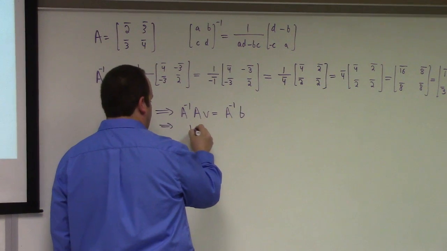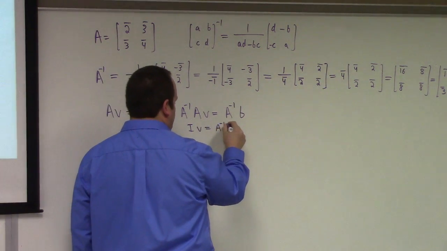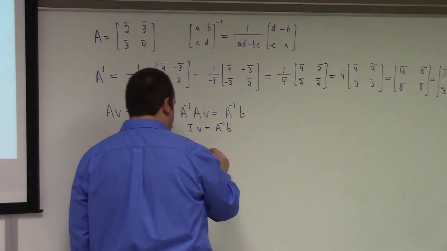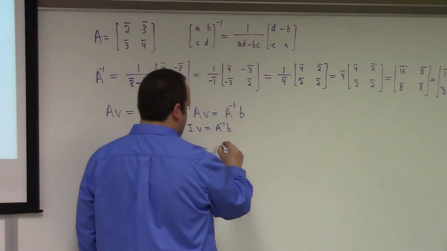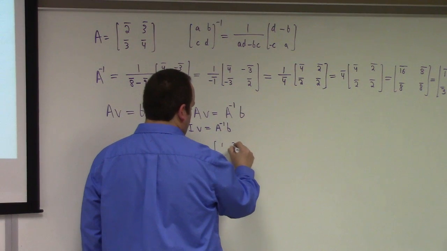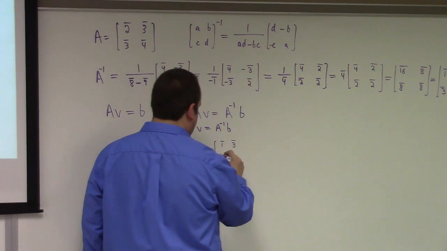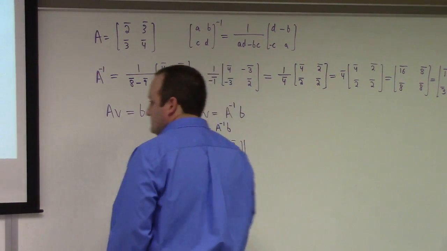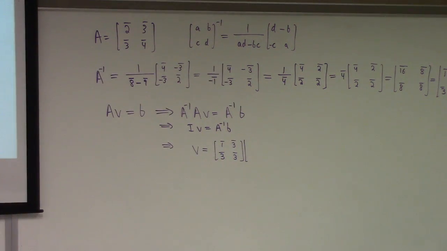So it says that IB is equal to A inverse B, which tells me actually V, which is what I'm looking for, is equal to, let's see here, 1, 3, 3 bar, 3 bar, and then B. Zero bar and 2 bar, there.